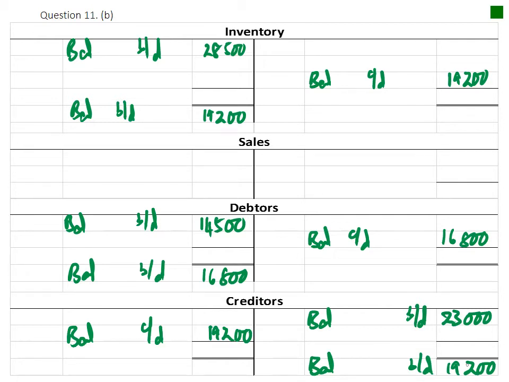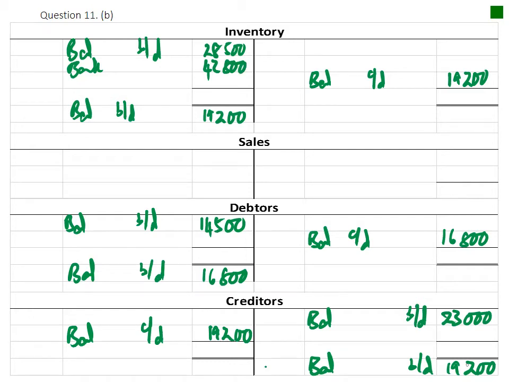They tell us that 42,800 of purchases was paid for in cash. So what normally happens with that is, if we are using a perpetual system, when we buy inventory, we debit the inventory account and we'll credit bank with the 42,800.